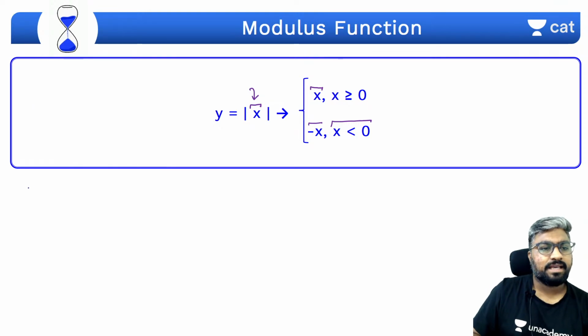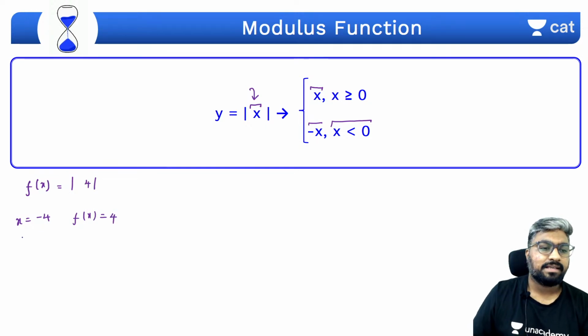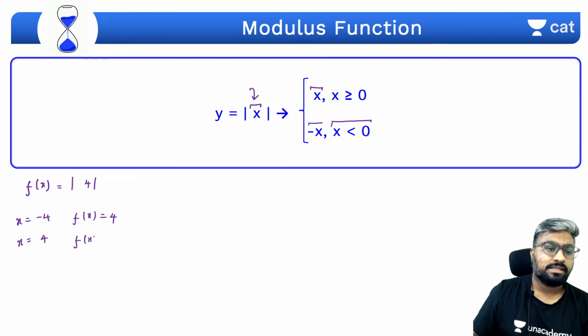So if I say f of x is, let's say, modulus -4, then x could be -4 and f of x turns out to be 4. Even if f of x is modulus 4, so x is 4, modulus x is still 4 only.